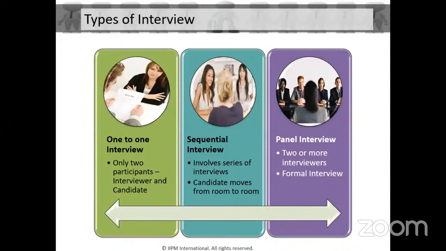So when it comes to recruiting, we're going to be looking at just the one-to-one interview, the sequential interview, and then the panel interview. Now, in the one-to-one interview, only 2 participants are present, the interviewer and the candidate.